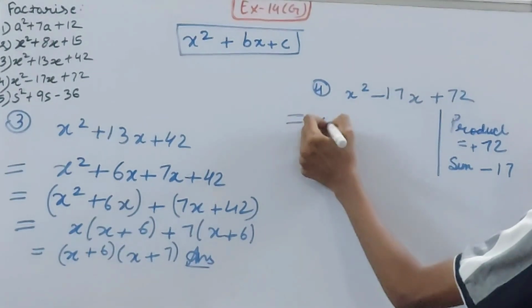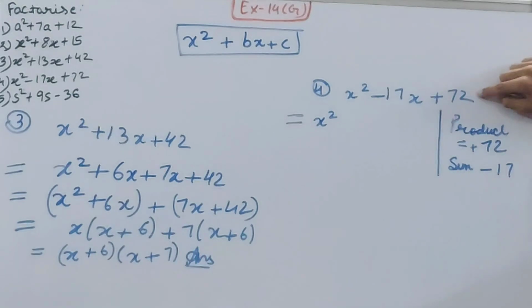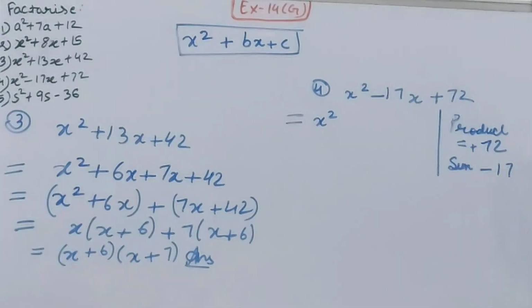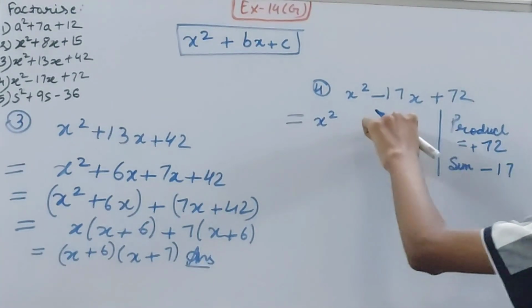First of all, let's look at the factors of 72. So let's see, 1 into 72, of course not. We can take 2. Can we take 2? 2 into 36 is 72. Again, we can't take that. Perfect thing for this one is going to be 9 and 8. 9 into 8 is 72, right? If you recall. And 9 plus 8 is 17.